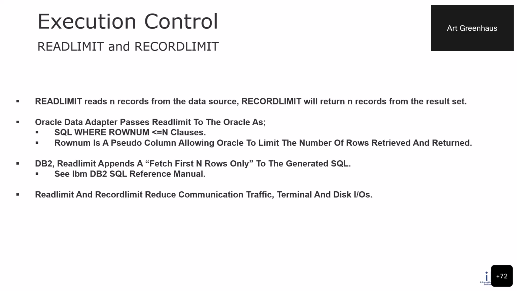So that's why you get everything. Yeah. Which brings me to the next bullet. If you're doing a relational, we'll translate that to whatever the appropriate limiting factor is in that database. So for Oracle, we would translate it to where rownum is less than or equal to n, if you did a read limit of n. For DB2, we pass it as a fetch first n rows only.